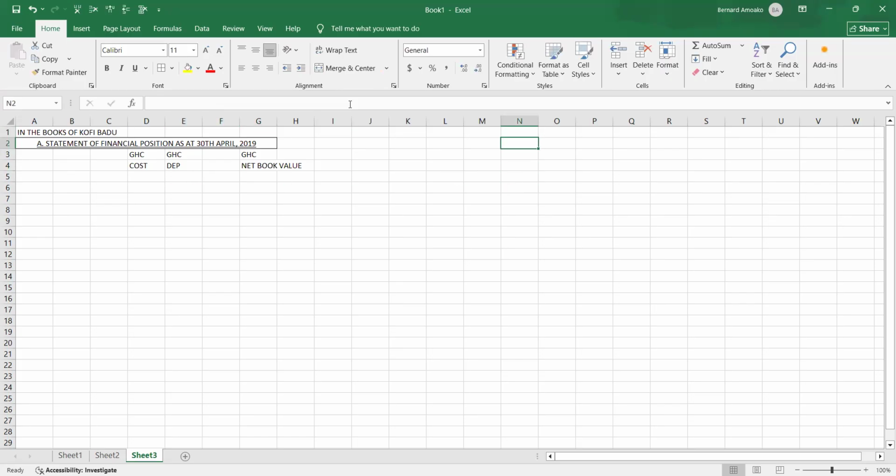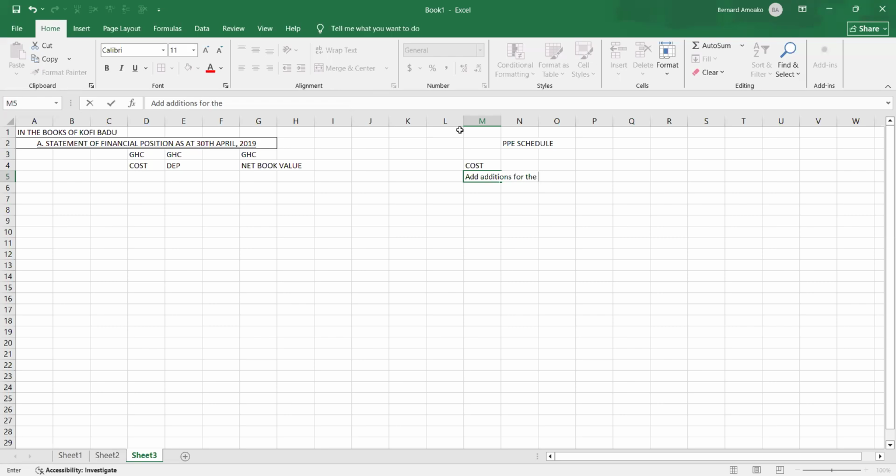So you come and do what we call the PPE schedule. Now it is not difficult. This is how the PPE schedule works. You start by writing the cost in your trial balance, or the cost of the asset. Then you add additions for the period.